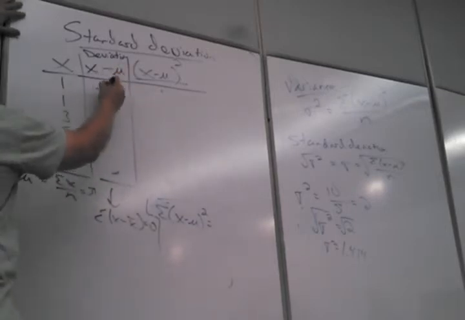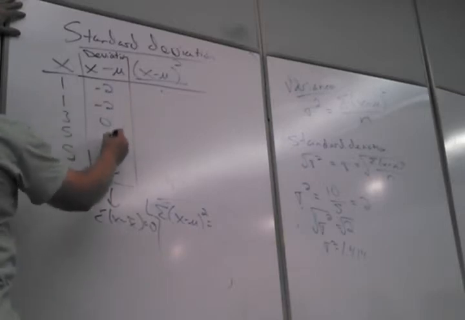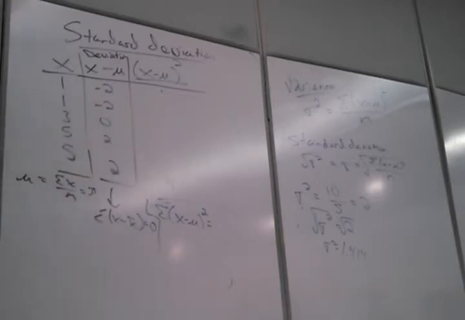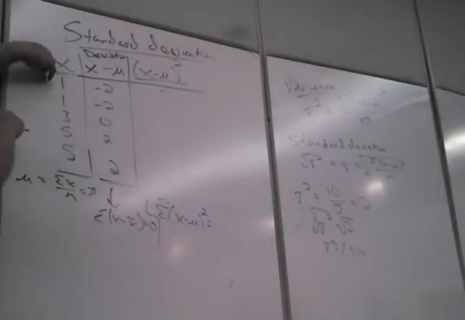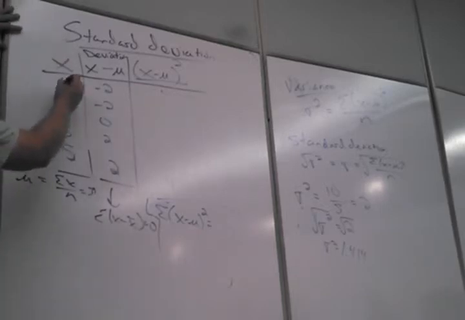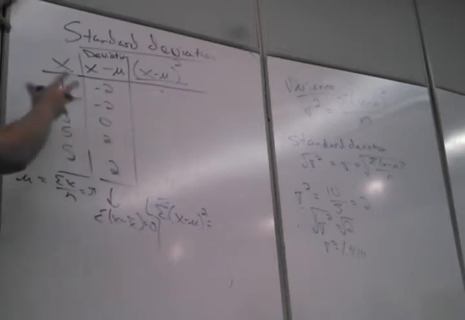-2, -2, 0, 2, 2. Okay, cool. Yes, ma'am. Is it possible to just have the difference between them, or do you have to do all this? You have to do all this. If you try to do that, you get the whole problem with the negatives in there.